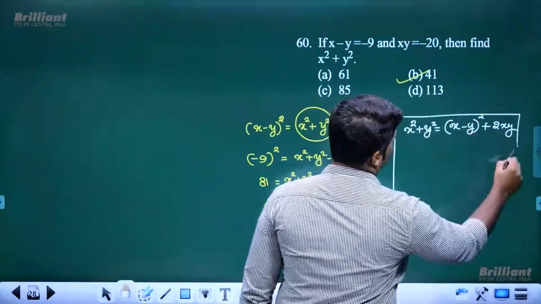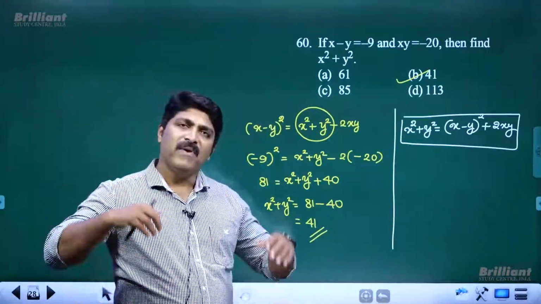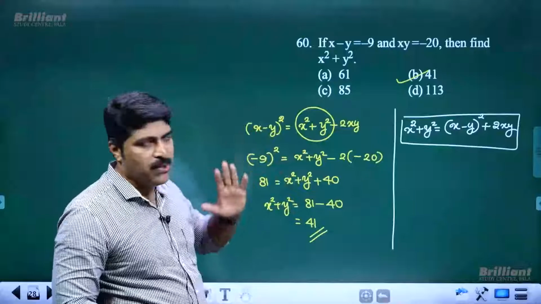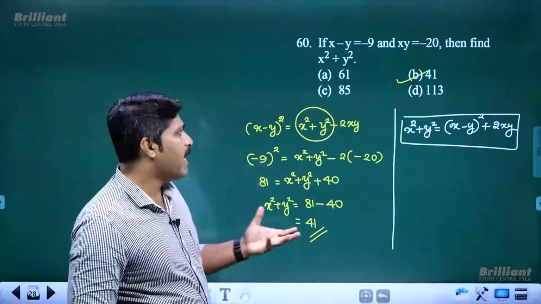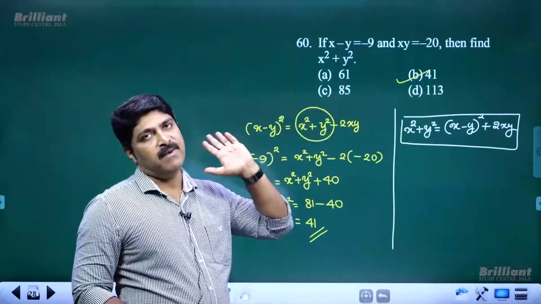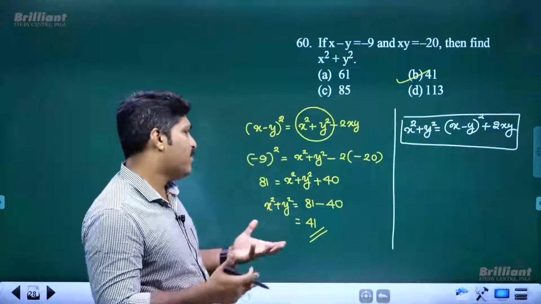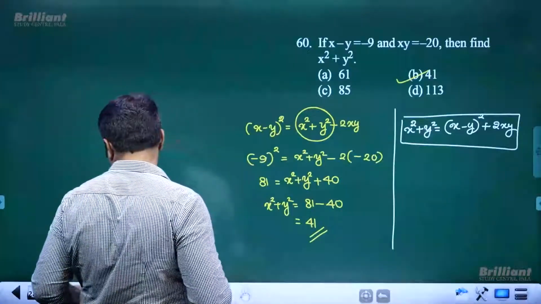So we can apply this result directly for finding the answer of such a question. Or whenever you get a strange question like this, you just think about a suitable identity that you already learned in connection with the given expression. Then apply it. From that step, you can find the required value of the given expression.